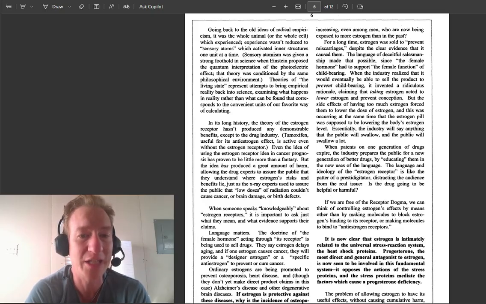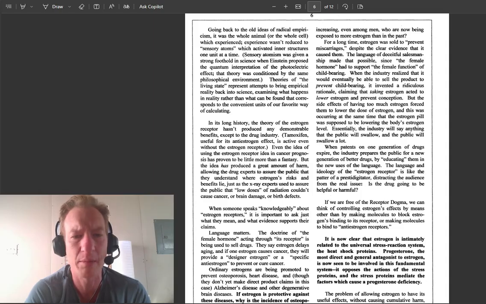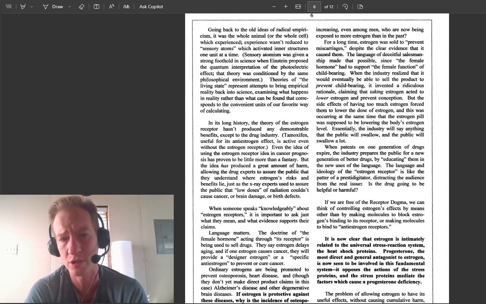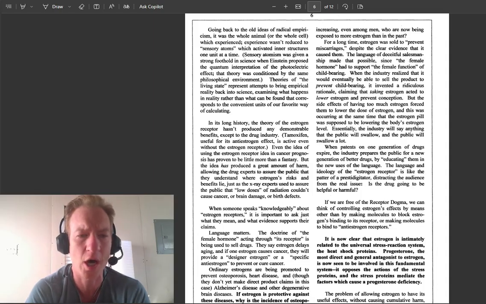But the idea has produced a great amount of harm, allowing the drug experts to assure the public that they understand where estrogen's risks and benefits lie, just as the X-ray experts used to assure the public that low doses of radiation couldn't cause the big C word, or brain damage, or birth defects.